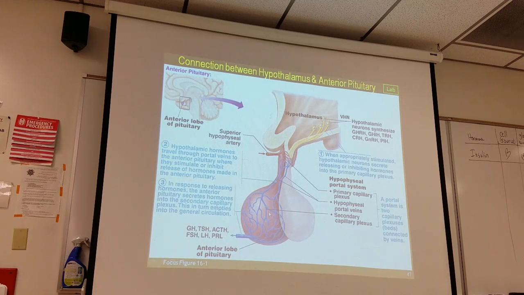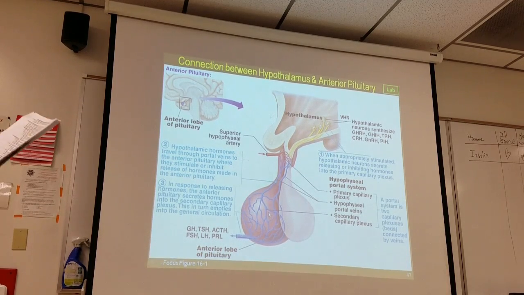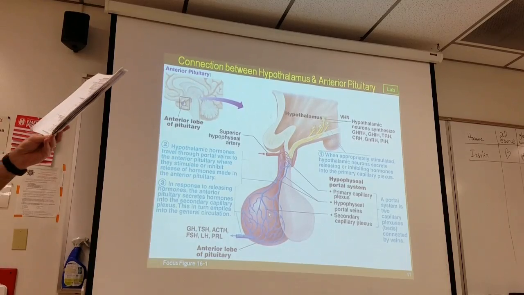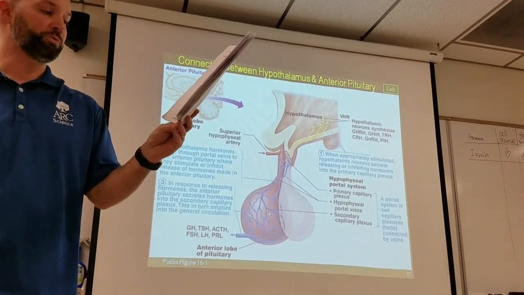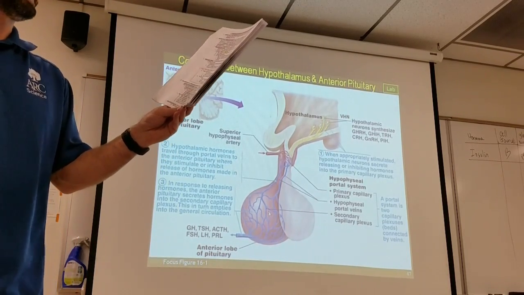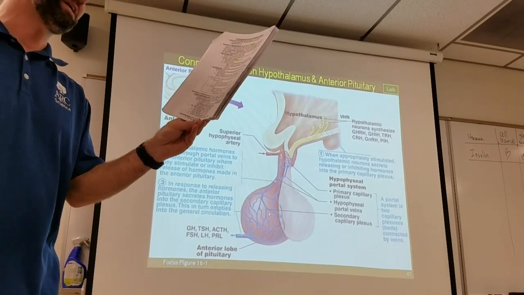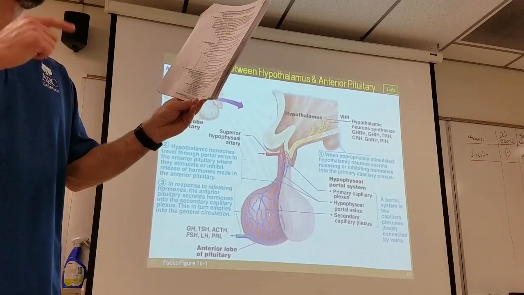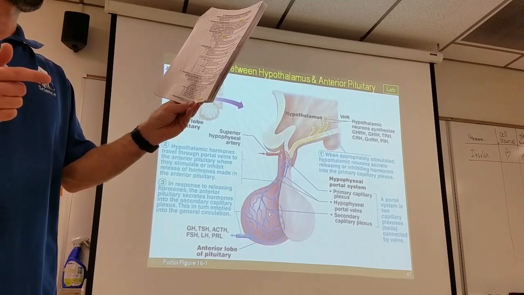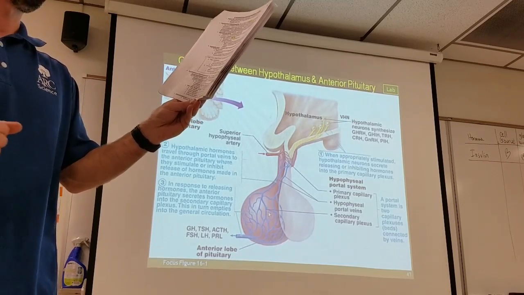So I'm listing all of the regulatory hormones secreted from the VHN, and they're bold: TRH, CRH, GnRH, GHRH, GHIH, PRH, PIH. Those stand for thyrotropin-releasing hormone, corticotropin-releasing hormone, gonadotropin-releasing hormone, growth hormone-releasing hormone, growth hormone-inhibiting hormone, prolactin-releasing hormone, prolactin-inhibiting hormone.